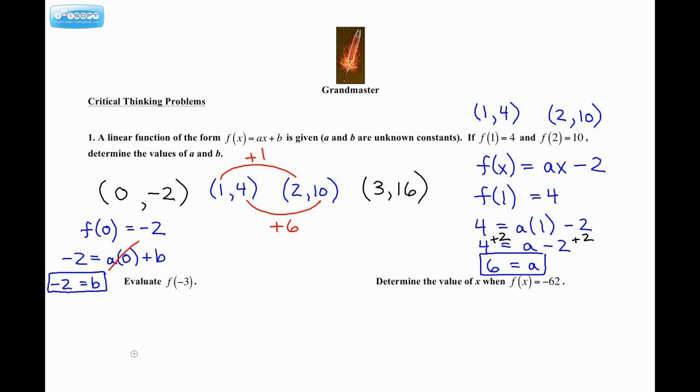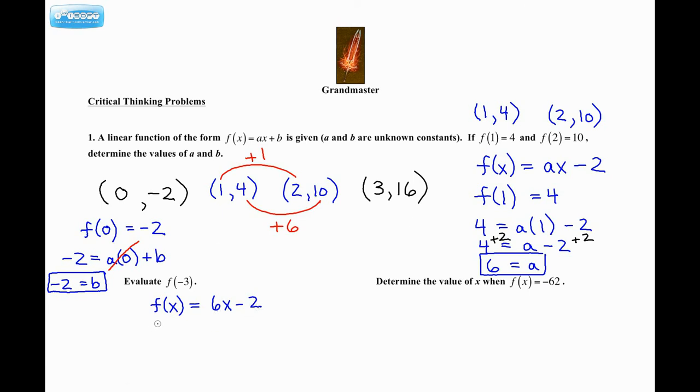Any number. So we want f of negative 3, meaning what's my y value when x is negative 3? I'm going to write down the entire function because we know what it is now. f of x is 6x minus 2, because 6 and negative 2 are what we figured out over here.